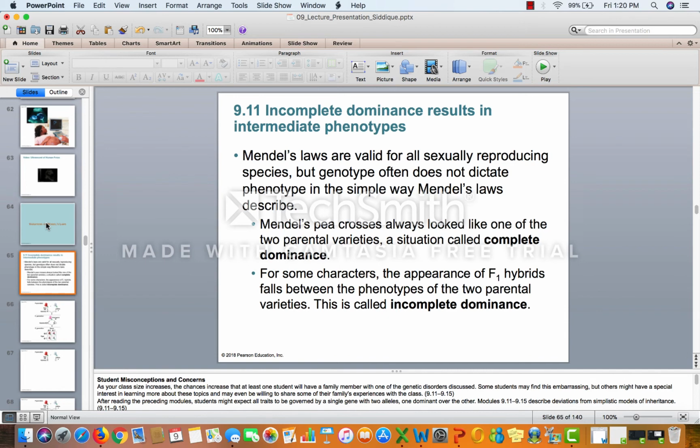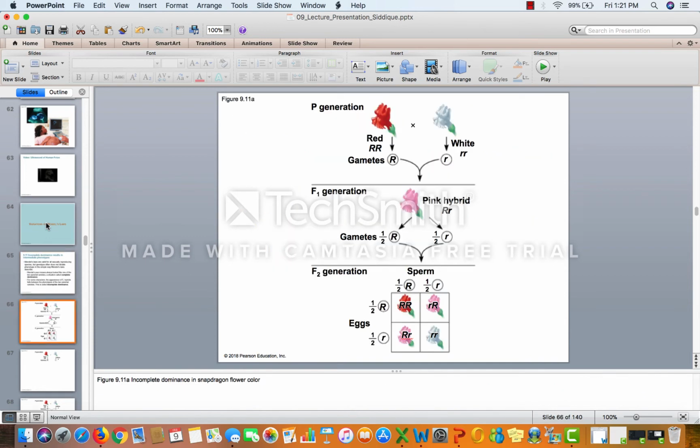So Mendel's laws are really valid for everything. You can do it for pea crossing, for humans, for Drosophila melanogaster, for Mus musculus, for macaque monkeys, for anything, okay? All right, so we get a red and a white flower. Red is dominant, white is recessive. So this is homozygous dominant, homozygous recessive. In the filial 1 generation, the first set of kids, you're going to have a heterozygous hybrid.